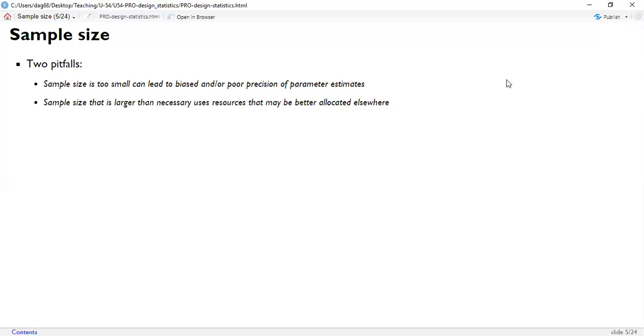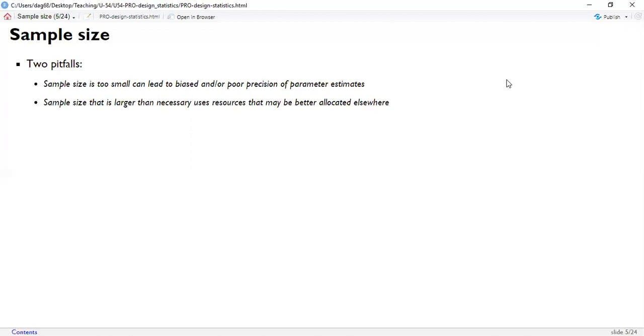On the other hand, you might think, oh, I want to make sure that I get unbiased estimates and I have really, really good precision. So you put a lot of your budget into your sample size, but you might end up with a sample size that is larger than what's necessary. And that in turn uses resources that may be better allocated elsewhere.